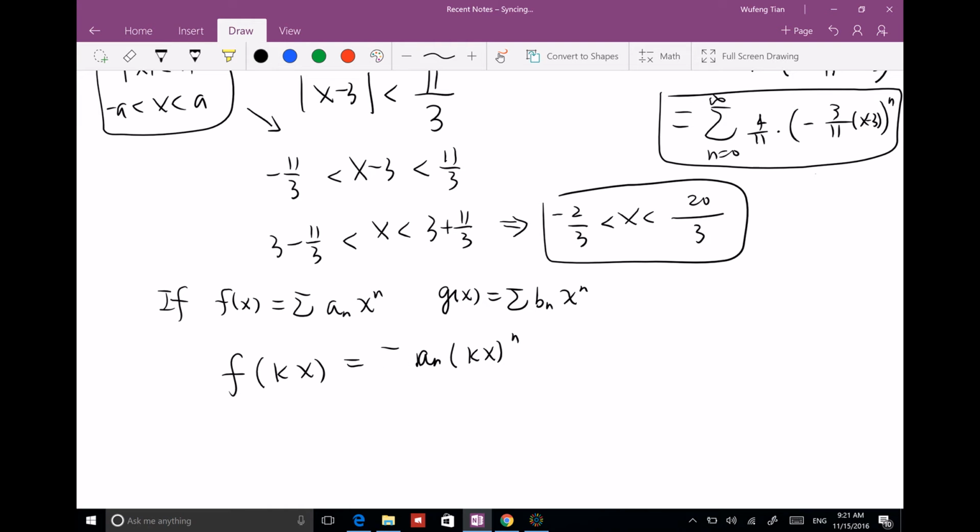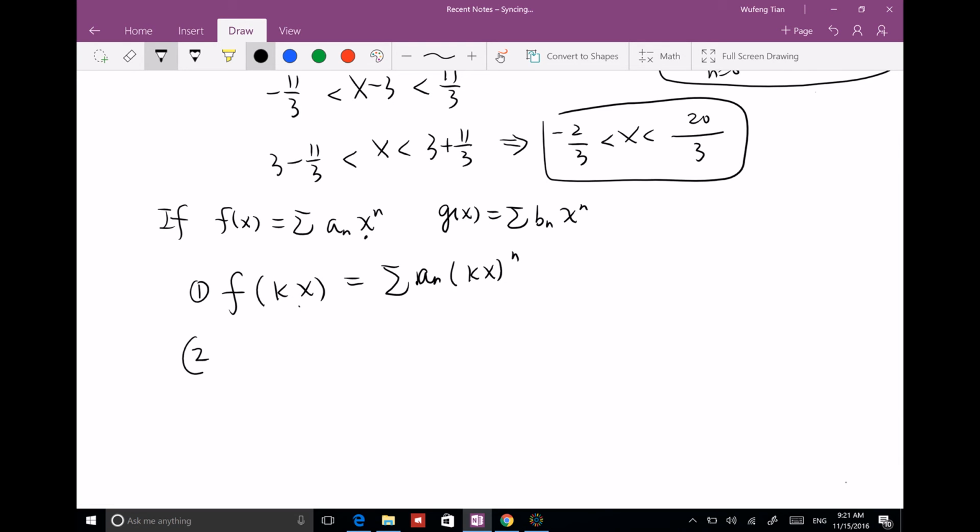Basically change the x into kx, the first operation. Second operation, if it's a power, so x to the power m, is a_n x to the power n. So basically whatever you change x to, you change that x into x^m. So basically you just need to change the x into kx, or change the x into x^m.